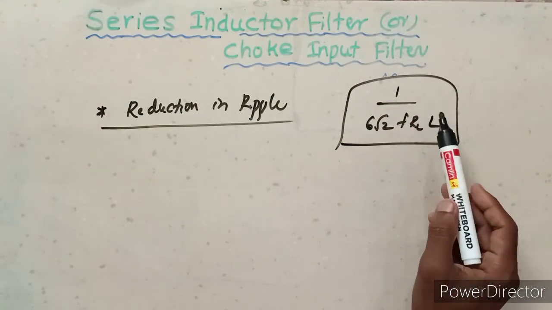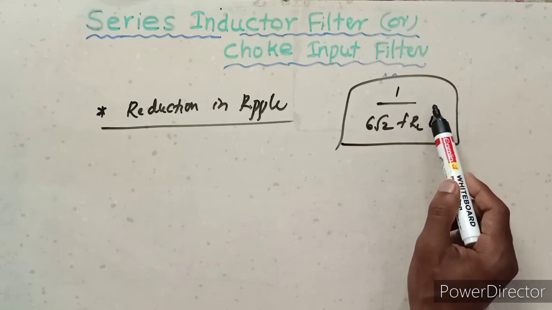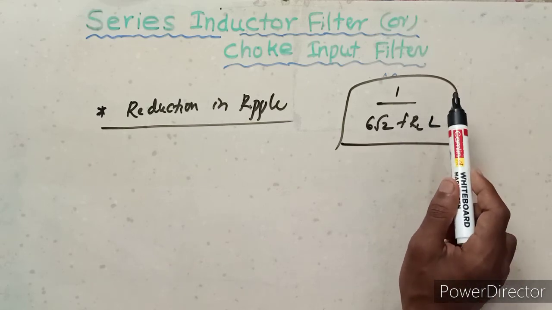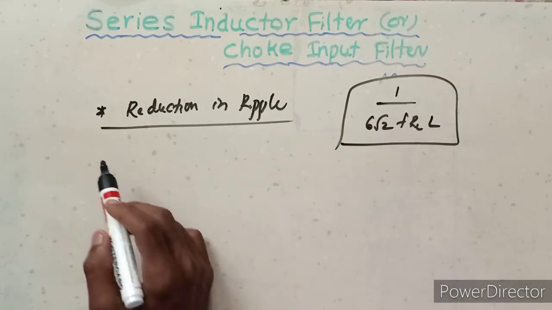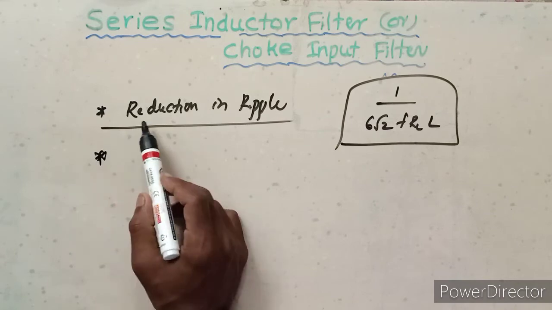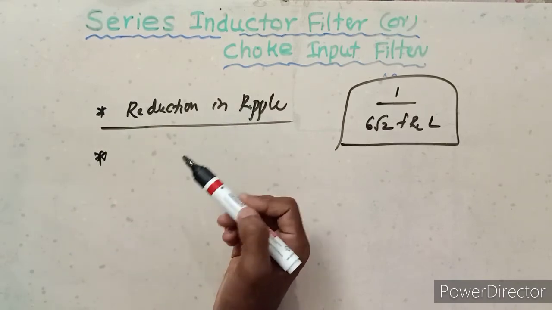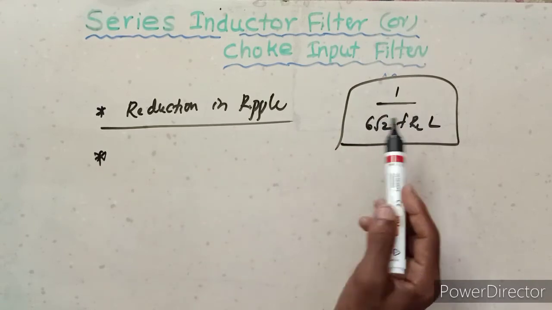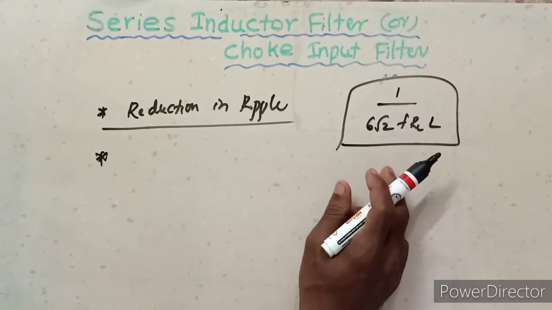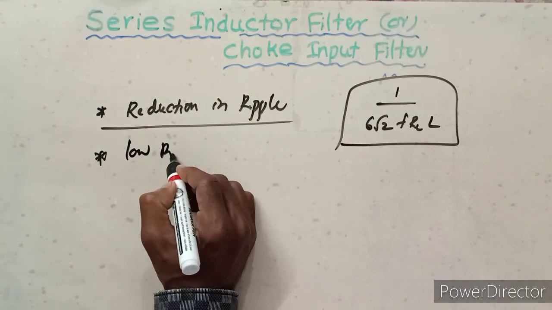Compared with the shunt filter ripple factor, this is a very low ripple factor. So the advantages are reduction in ripple in the DC output of a rectifier circuit, very low ripple factor and suitability for heavy load currents.